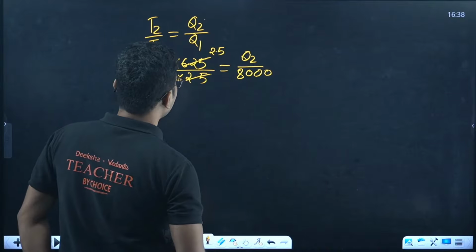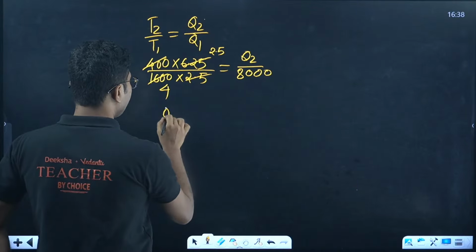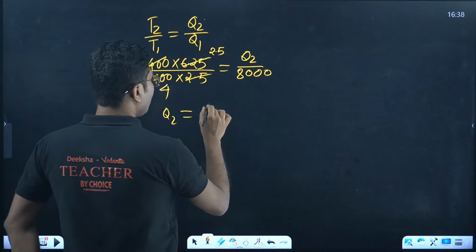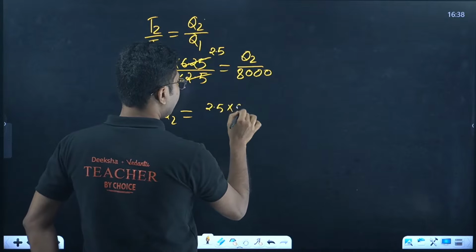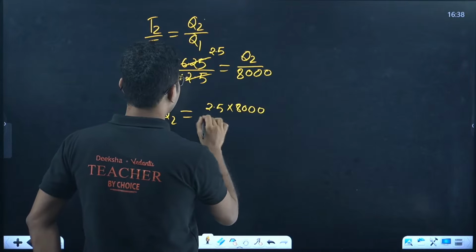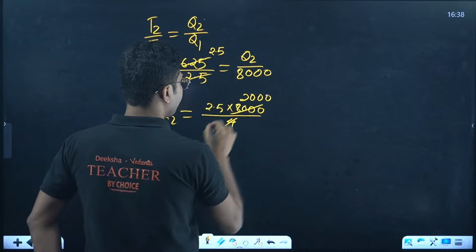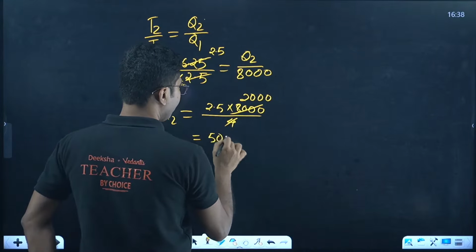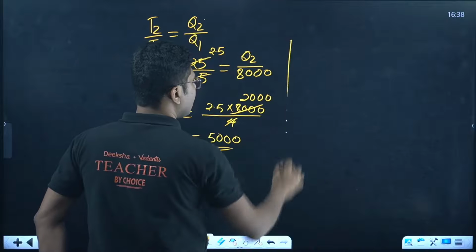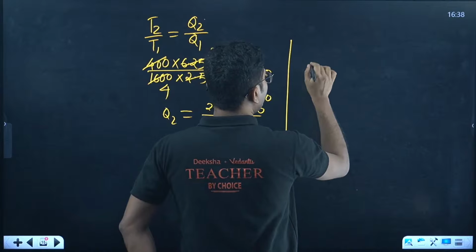Okay, now do the cross multiplication. So Q2 will be 2.5 into 8000 divided by 4, that is 2000. So it will be 5000. So Q2 is 5000. So Q1 supplied is 8000.